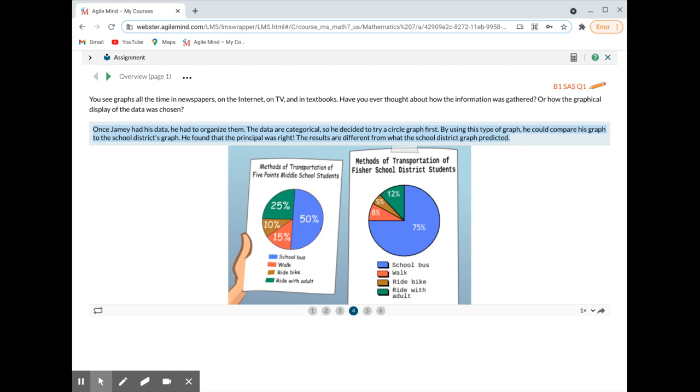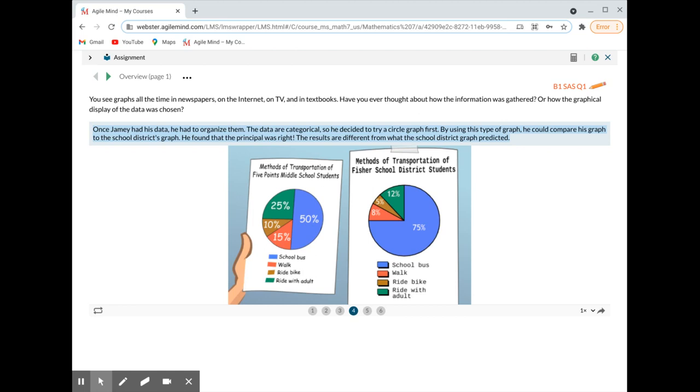No, sir. Why? Is the school district 1/4 that rides with an adult? It's both of them. I know, but only one of them is 1/4, isn't it? Yes, sir.